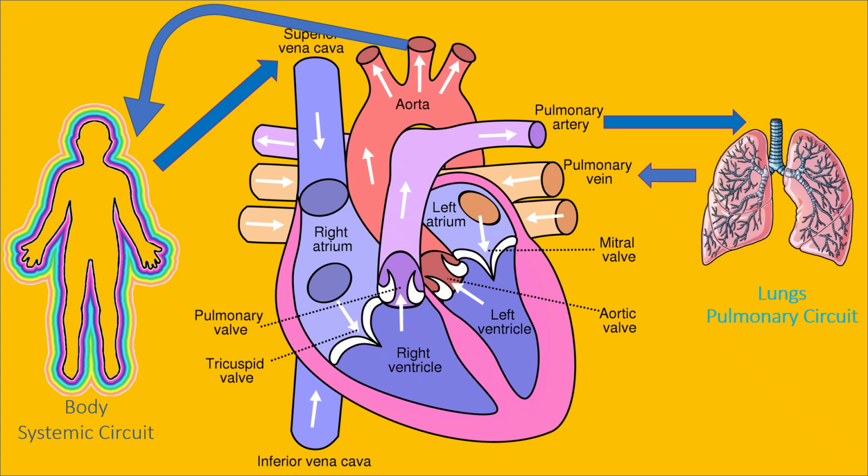It enters the pulmonary valve to the pulmonary artery where it enters the pulmonary circulation, where the blood gets oxygenated. From the lungs, the blood returns via the pulmonary vein into the left atrium, then the mitral valve, then finally to the left ventricle, before it is pumped out through the aortic valve into the aorta through the systemic circulation.